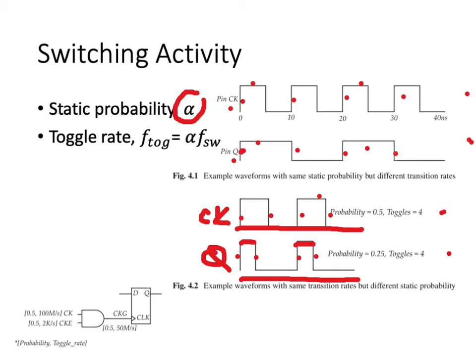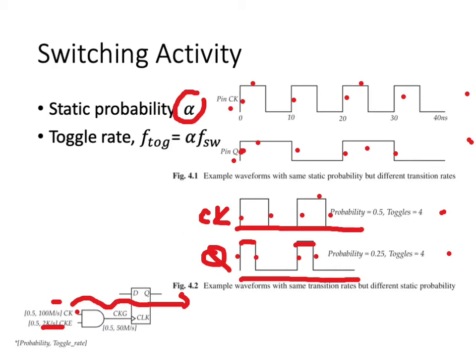And one last thing to note, as you propagate logic through multiple stages of logic, we anticipate a decrease in toggle rate just because of the logic function. So here, for instance, the input CK has a toggle rate of 100 mega toggles per second, whereas CKE has a toggle rate of 200 kilo toggles per second.